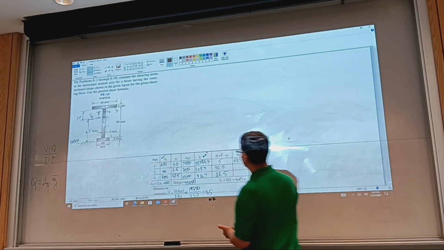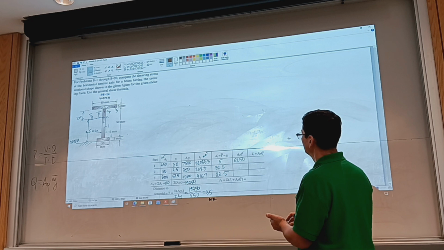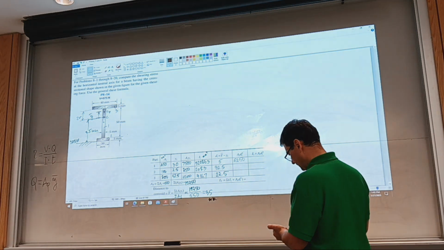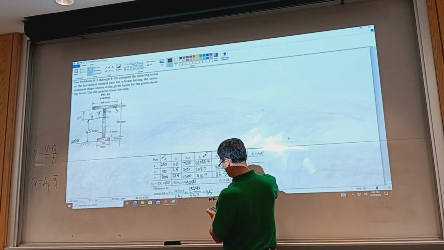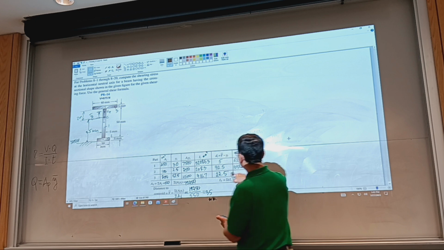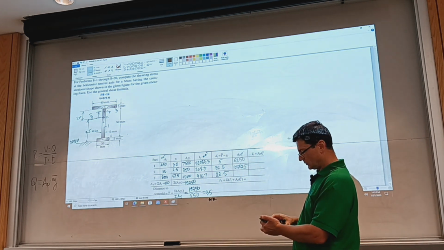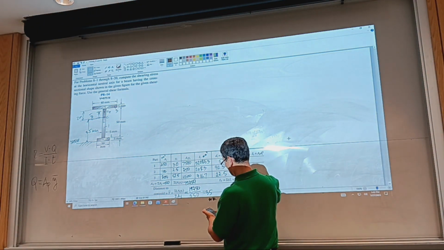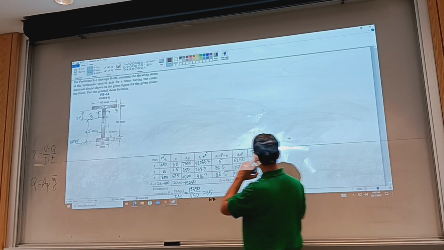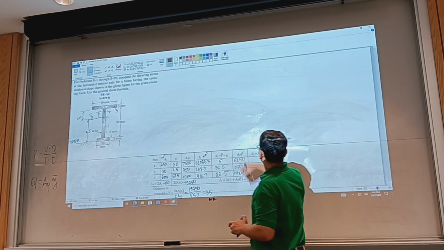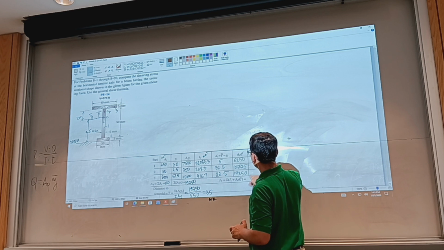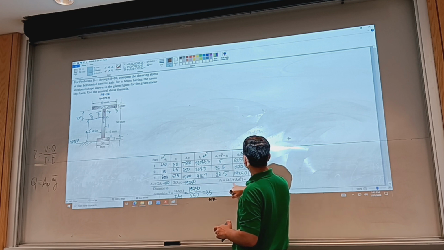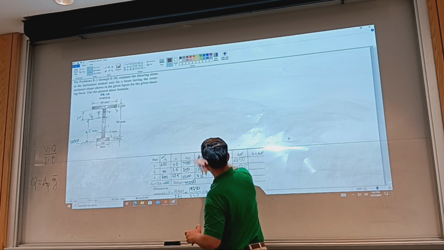The other one would be 32.5 squared times 100, and this is 105625, and then 22.5 squared times 200. This is 101,250.